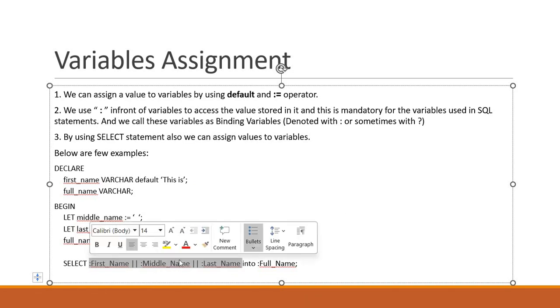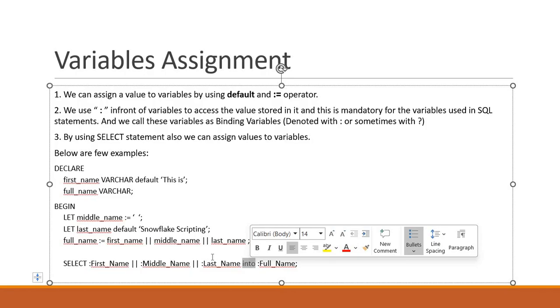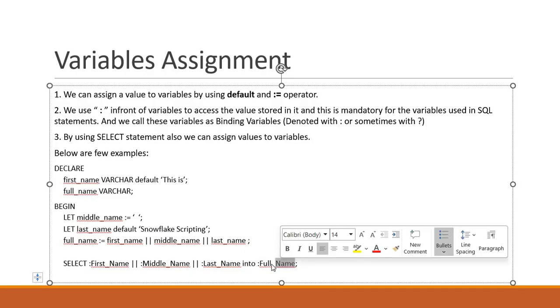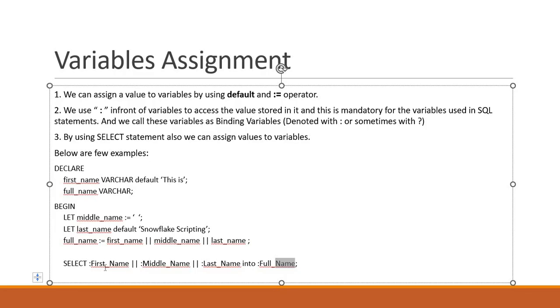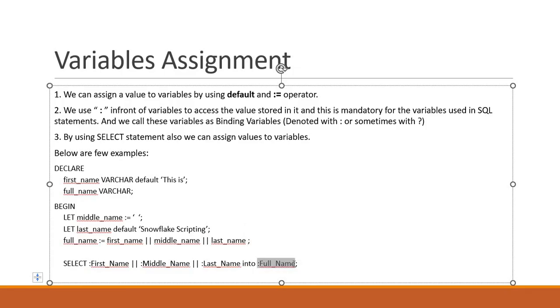Select, calculate this value and put it into the full name variable. So we use this into keyword to assign the values or expressions to this variable. Select this expression and put it into the variable specified here. So by using this select statement as well, we can assign expressions or values to variables.